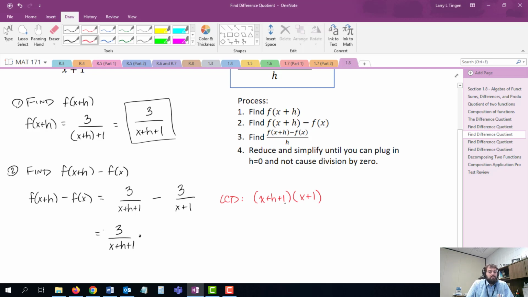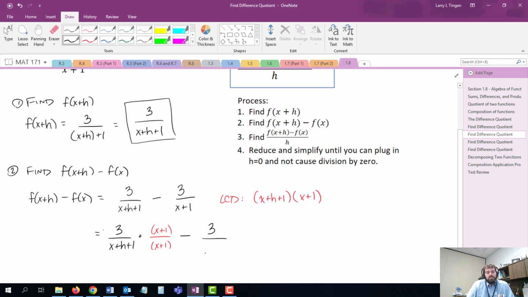I already have the factor of x plus h plus 1. Now I just need to get that factor of x plus 1 down there. So if I multiply the bottom by something, I have to multiply the top by that same thing in order to retain equality.